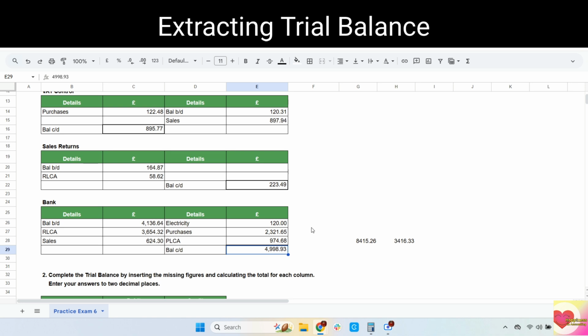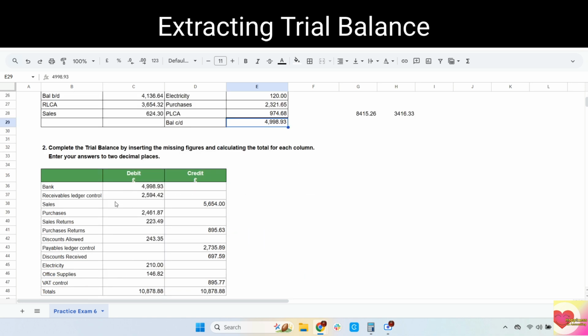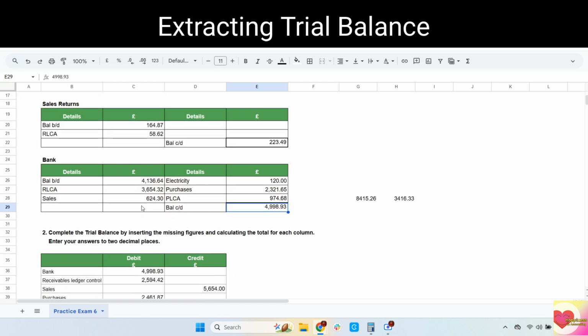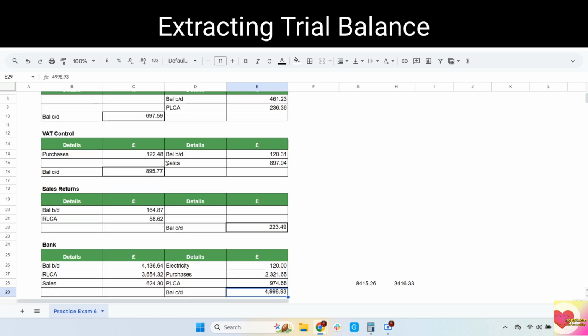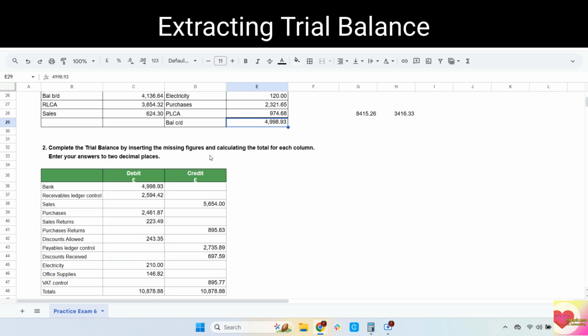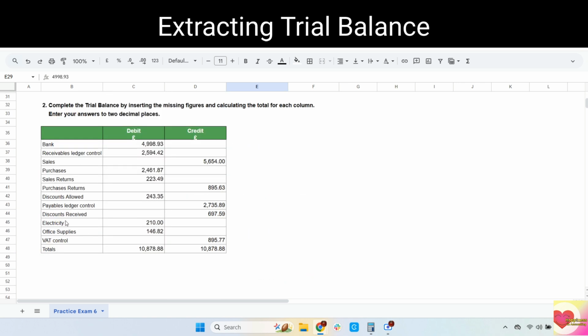The reason why is if you transfer them to the trial balance and the totals of both sides are not equal, you have to go back and recalculate your answers on these accounts to see which one you got wrong. So it is very important to make sure that the amount and the side, of course, is correct when transferring them to the trial balance.